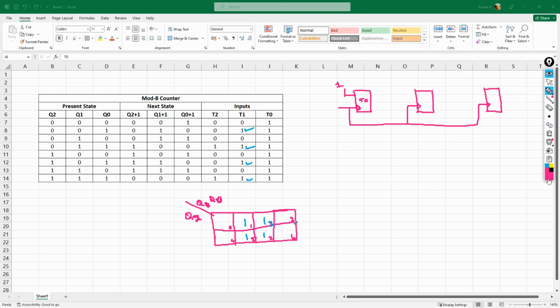Now when you group this, what is it that you get? Q2 bar Q1 Q0 bar, and then Q2 Q1 Q0 bar. So this is Q2 bar and this is Q2. So this is going to be Q1 and Q0. What are the values going to be?